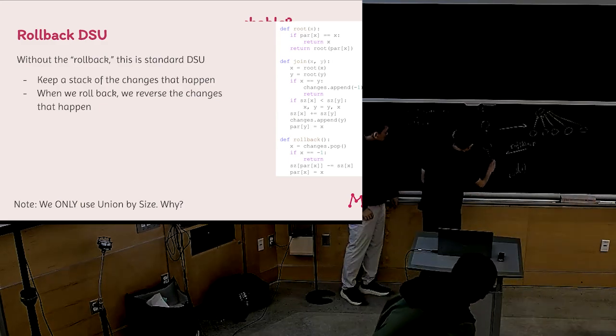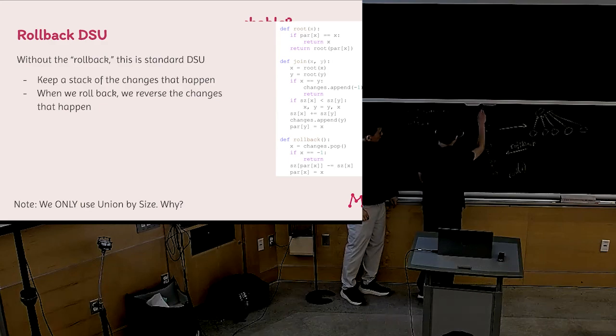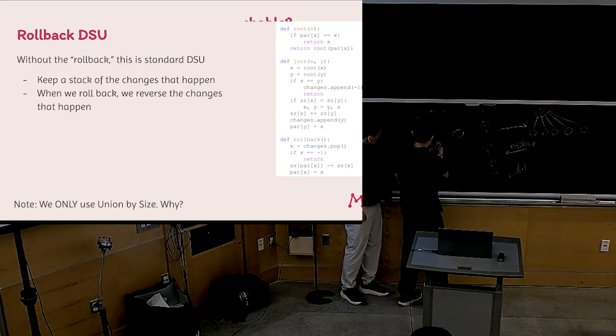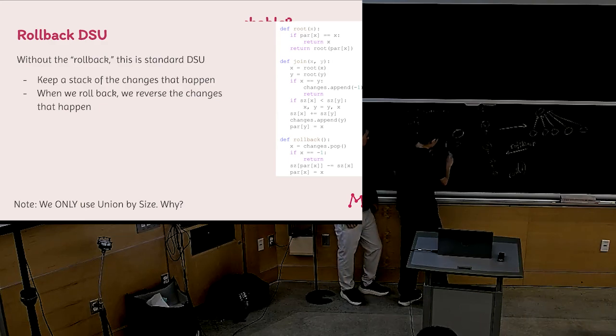Let's merge 1 and 2, and then 2 and 3, 3 and 4, 4 and 5. And then we'll do one more merge, which is let's say 6 and 1.